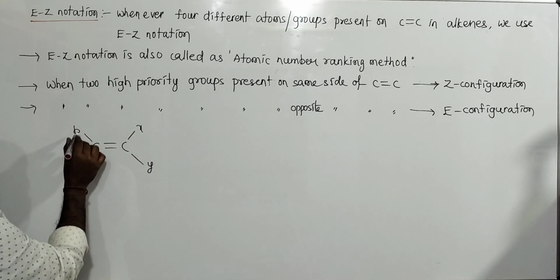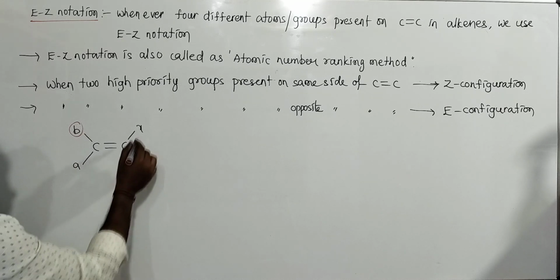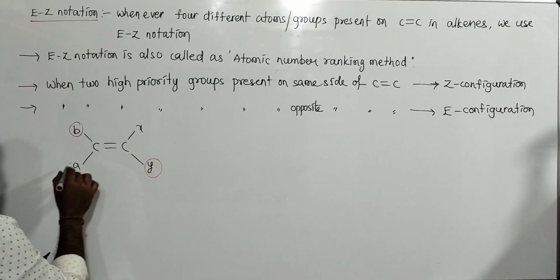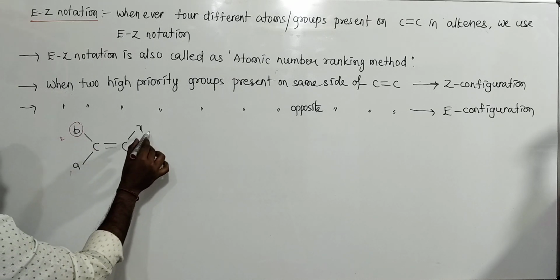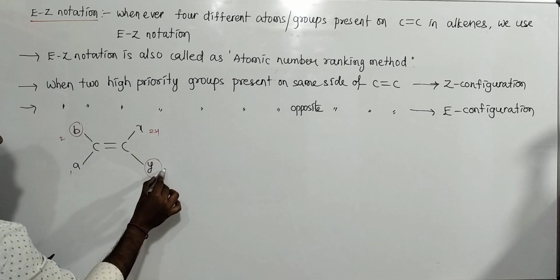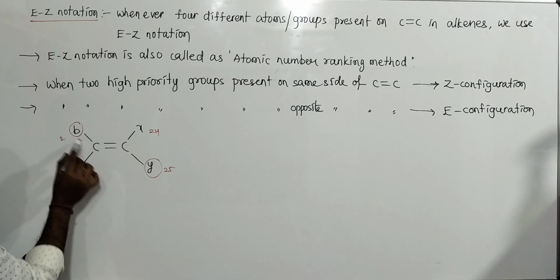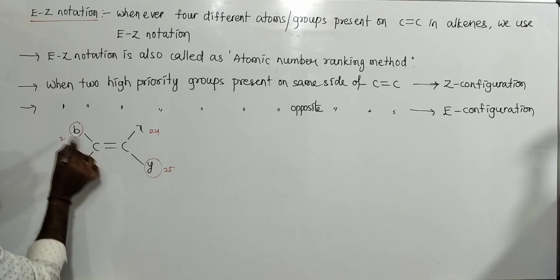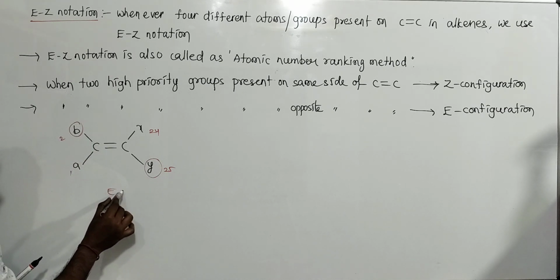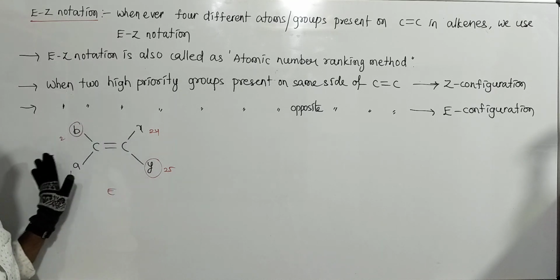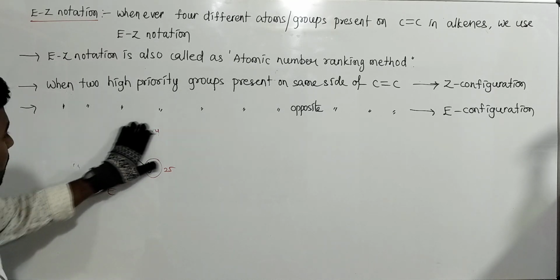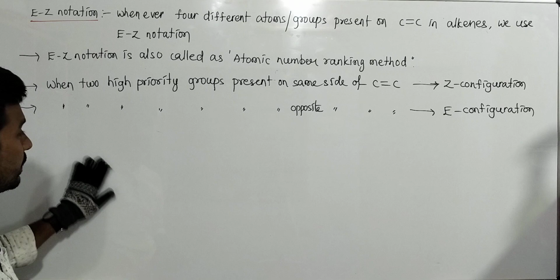Between A and B, B is high priority. Between X and Y, Y is high priority. Alphabetically, A is 1, B is 2, X is 24 and Y is 25. High priority groups on opposite sides, this is E. But these are alphabets. For atoms, how will we give priority?